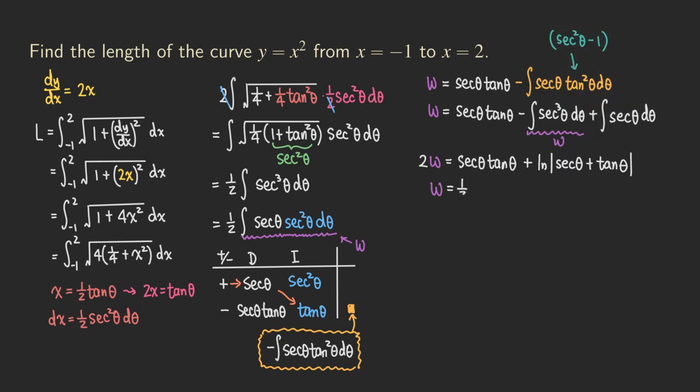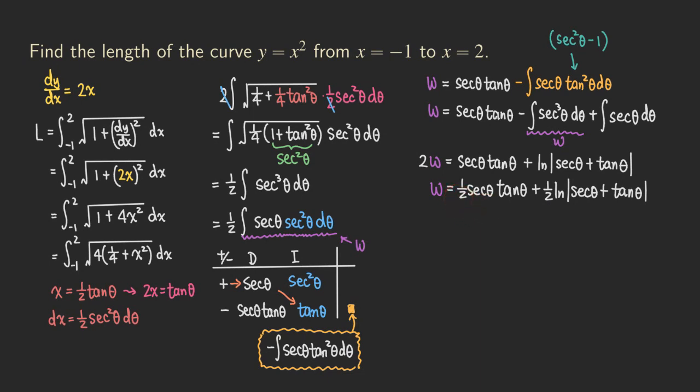So we are going to get 1/2 secant theta tangent theta, and then plus 1/2 ln of secant theta plus tangent theta here. So we got W, but then you know that we are still going to have to multiply by another 1/2 right here. But that's not finished yet.